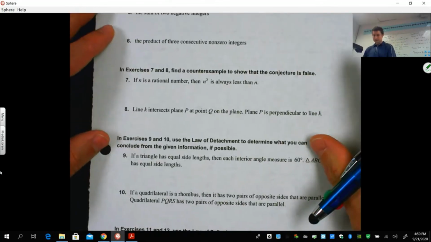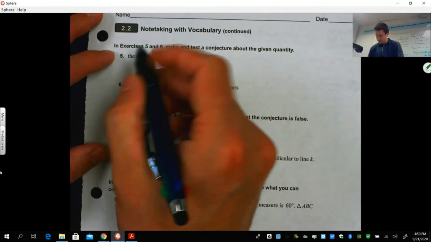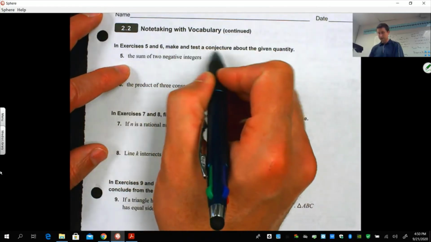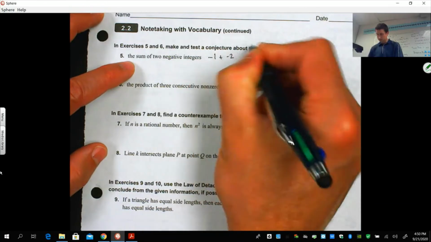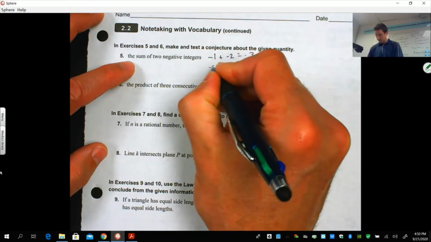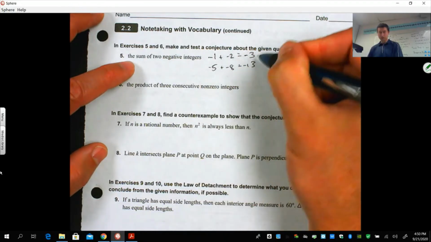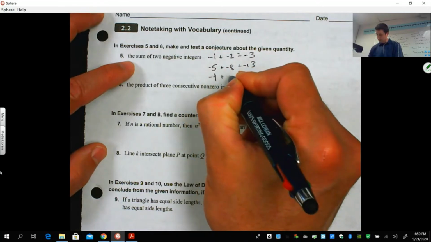Okay, make and test a conjecture about the given quantity, the sum of two negative integers. So they're just saying, make and test a conjecture. So sum of two negative integers. Let's go -1 plus -2. That equals -3. -5 plus -8. That's -13. Oh, so we have two 3's. Do they always end in 3? -4 plus -3.